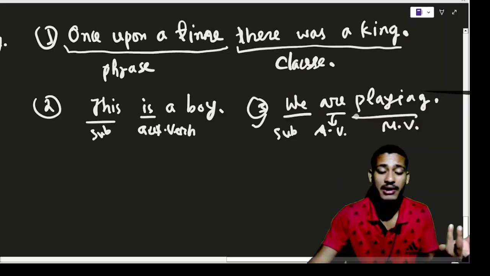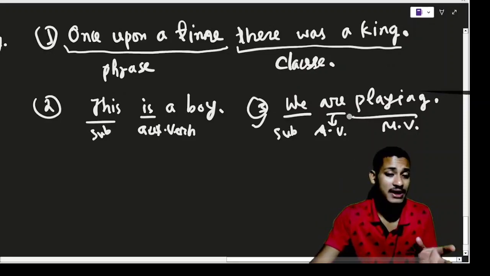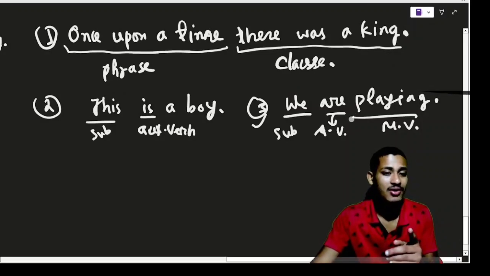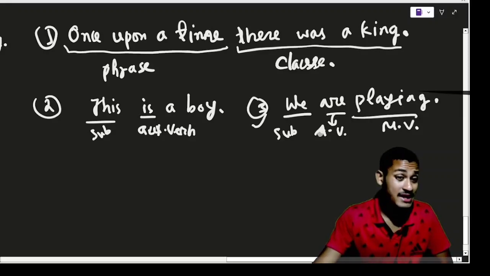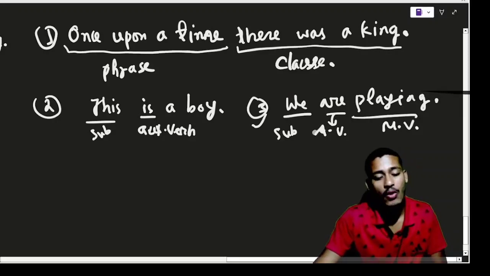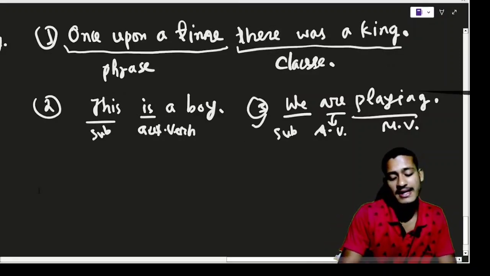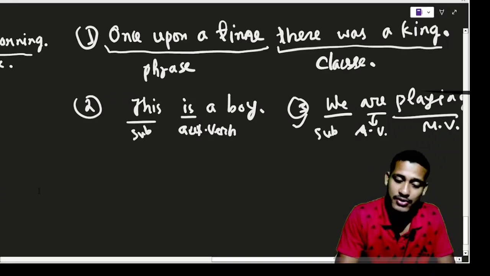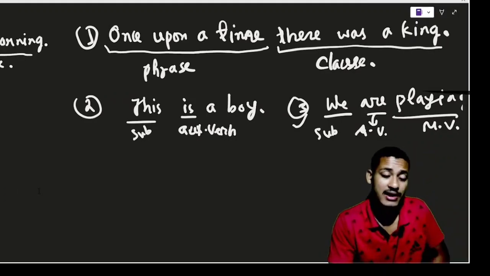Subject है, verb है, तो ये clause है। So a clause can be a sentence, but a phrase cannot be a sentence. You have to note that. A sentence can contain many clauses, and a sentence can contain a clause as well as a phrase.